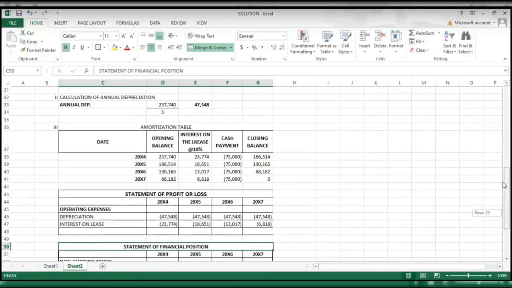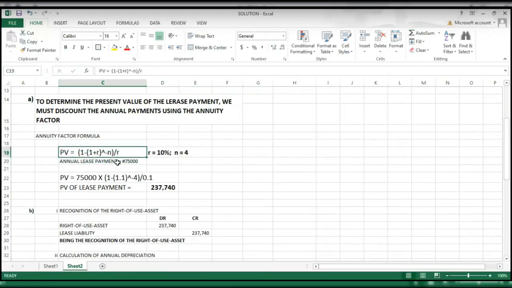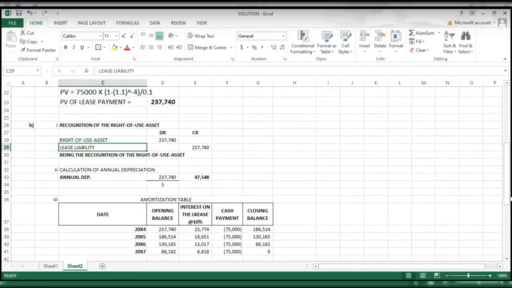You can see how we started. First, determining the lease payment, which is the present value of the actual constant annual payment using the annuity factor, and then we pass the journal to recognize the lease and then the liability, and then we move on to do our depreciation charges, which is every year, and then here we have what we call the amortization table.